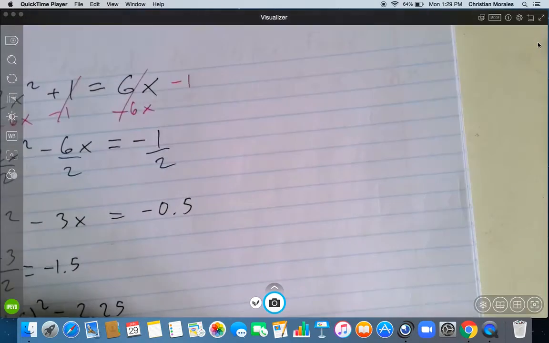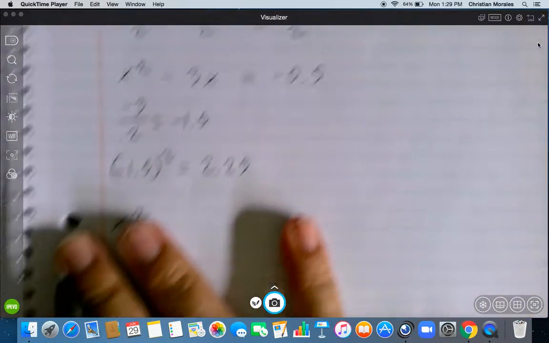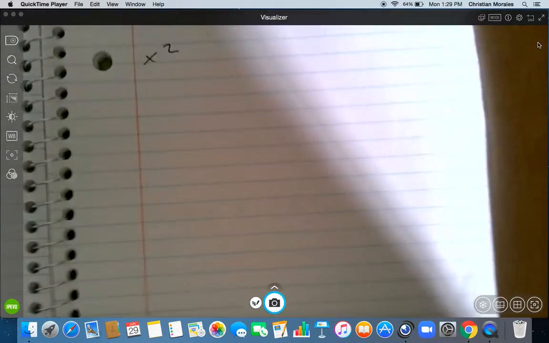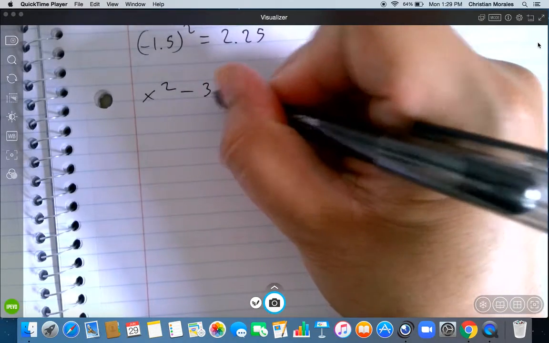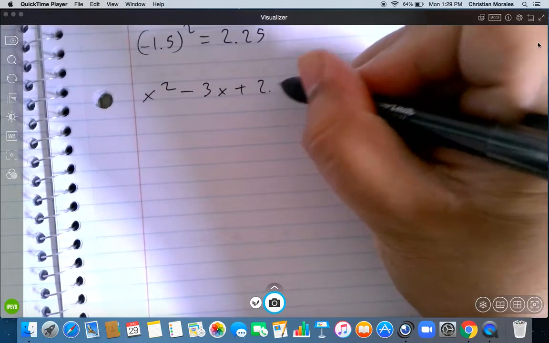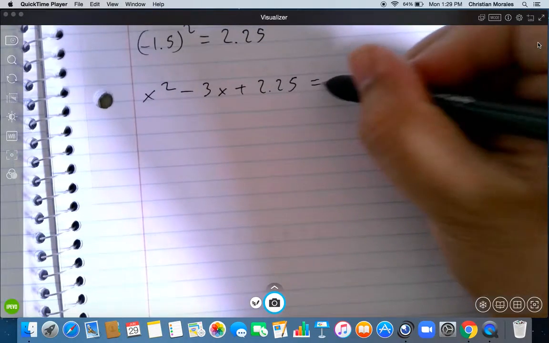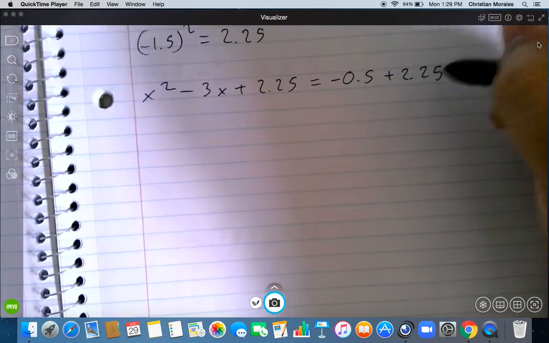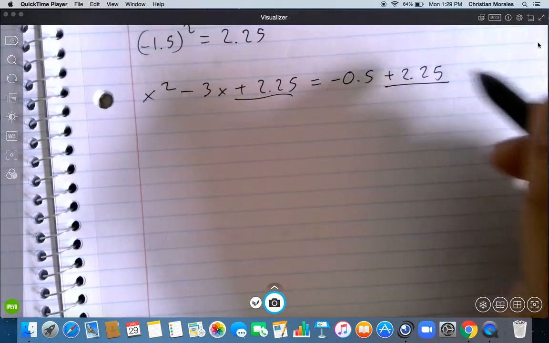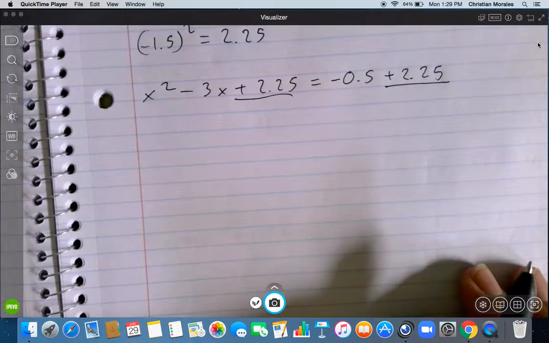Okay, I'm going to add that to here. So let me move this up actually. Yeah, like that. So x squared minus 3x plus 2.25 equals negative 0.5 plus 2.25. Remember, this was my new c. This is taking over for the term I didn't have there.